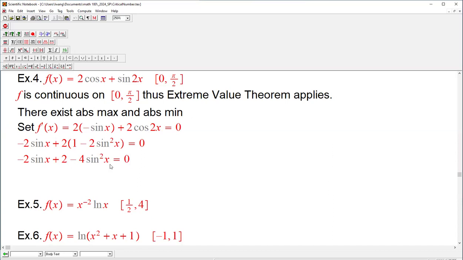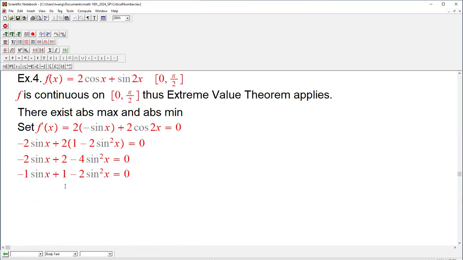All right, so we have a multiple of 2, so we can divide every term by 2. If we divide every term by 2, the right hand side will still be 0. Let's rewrite it, arranging it by order: negative 2 sine squared x minus sine x plus 1 equals 0.